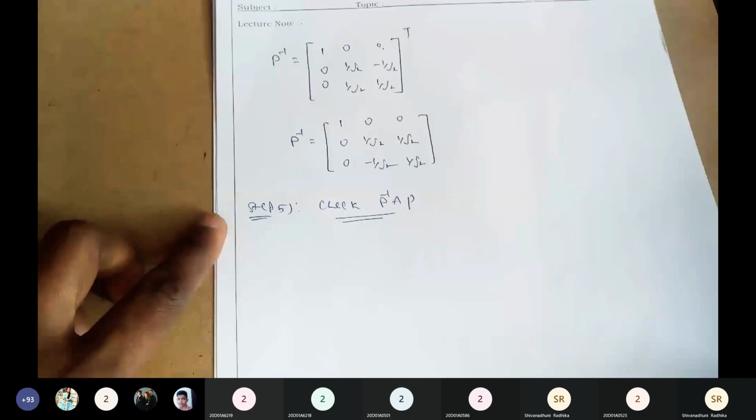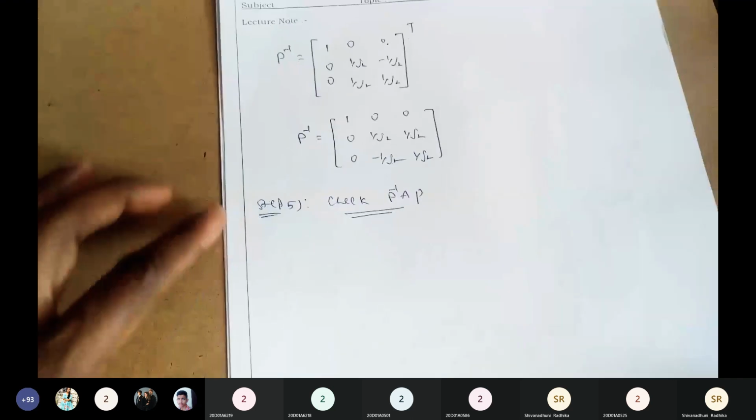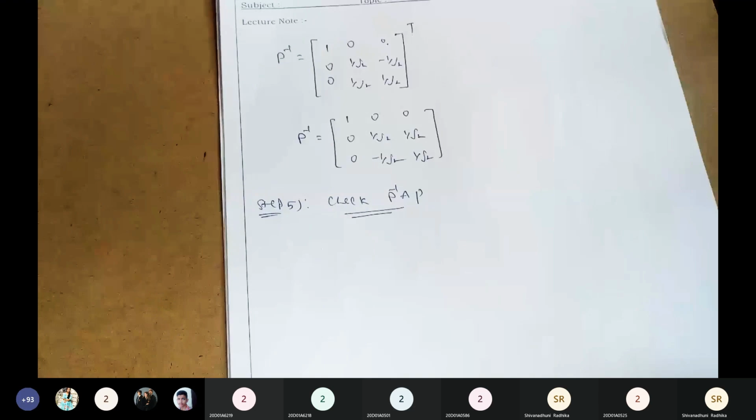Check P inverse AP. Okay, now we need to check the P inverse AP, right? It is clear now, ma'am.